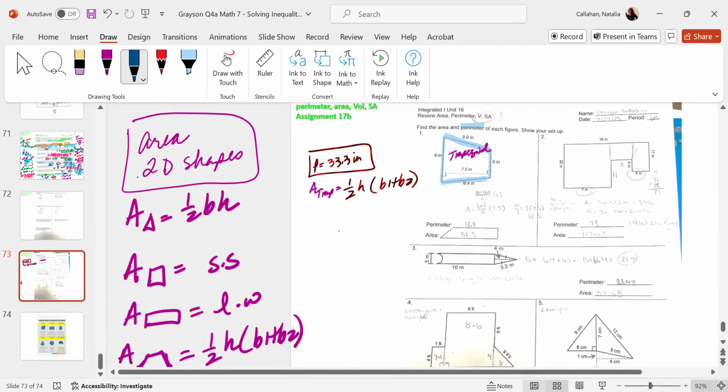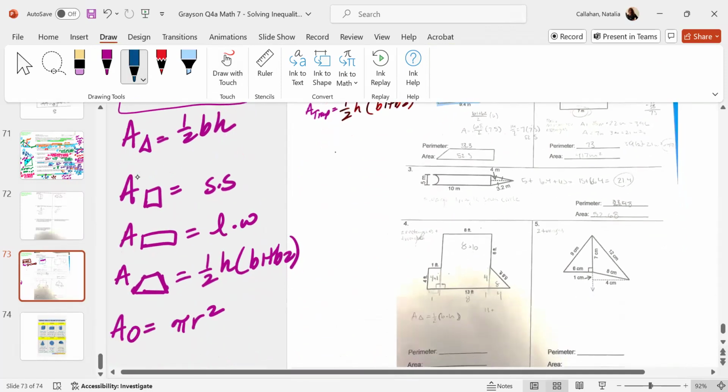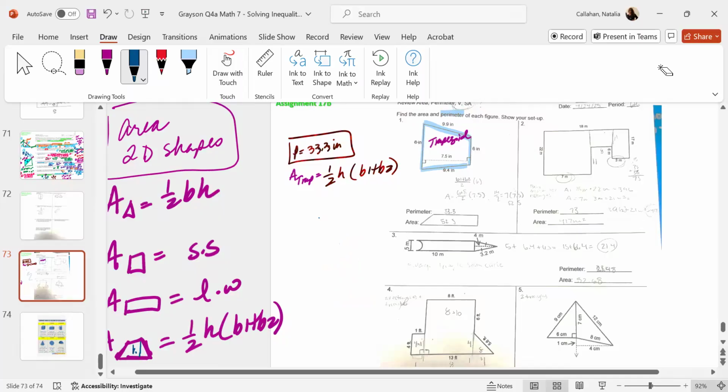is because if this is your trapezoid, this is your height, this is your base one, this is your base two. You see how I labeled it?